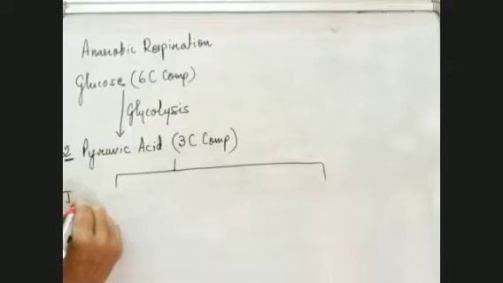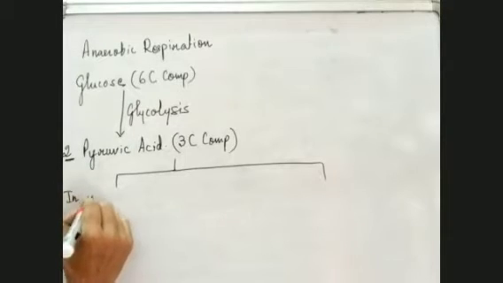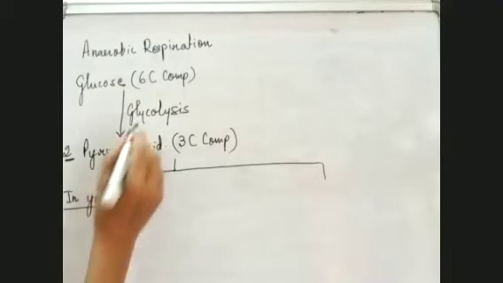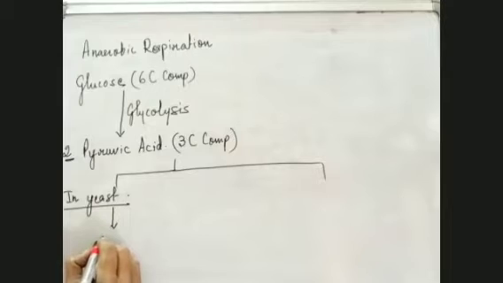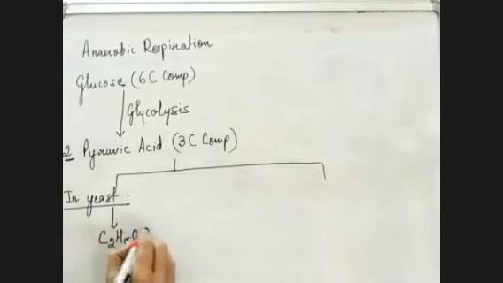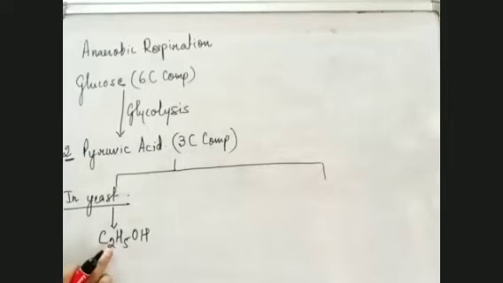So in yeast, the pyruvic acid forms ethyl alcohol or ethanol, C2H5OH. Now, how many molecules of C2H5OH will be formed? Because C2H5OH is a 2-carbon compound, as you know, two molecules of ethanol will be formed.